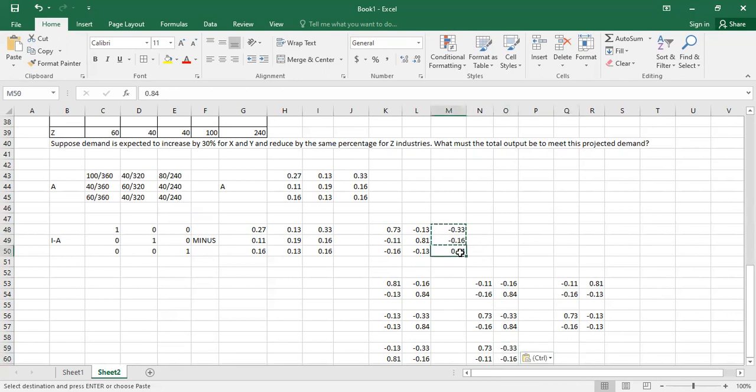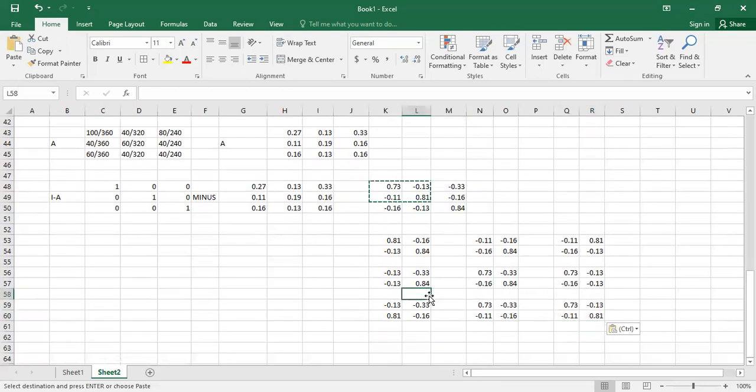And the last one, I hold this. So there we are. We've gotten the cofactors of the technical coefficient matrix. From there we can get our determinant. And remember to apply the positive negative rule: positive, negative, positive, negative, positive, negative, positive, negative, positive.